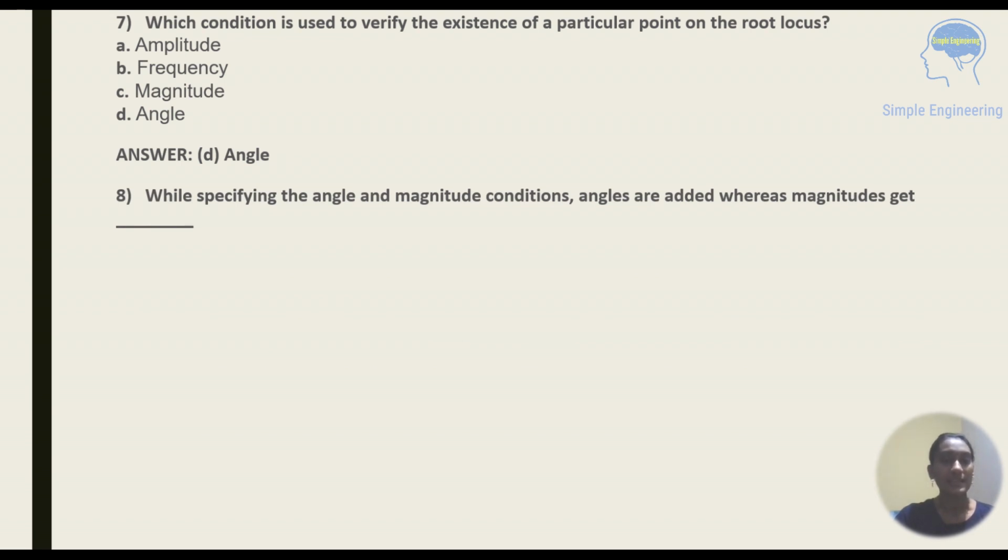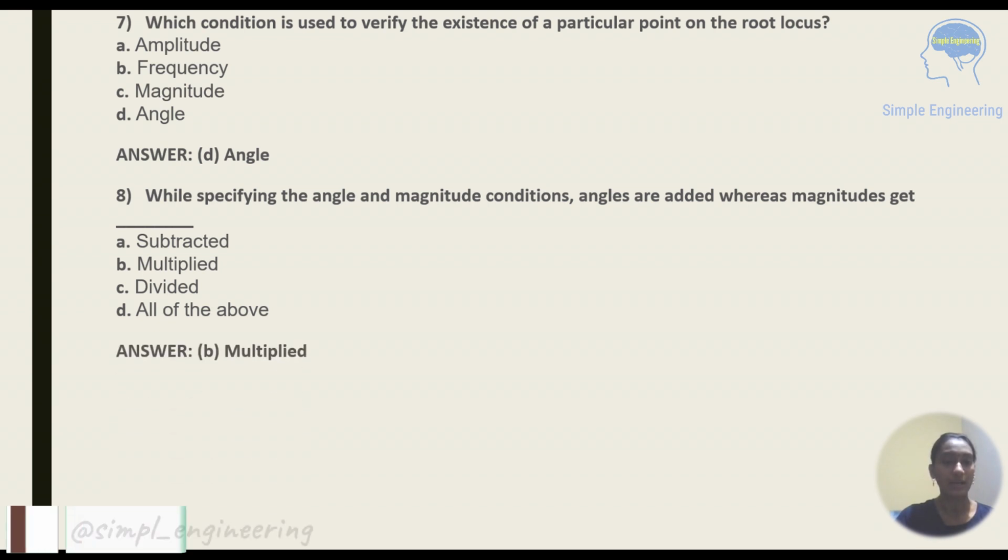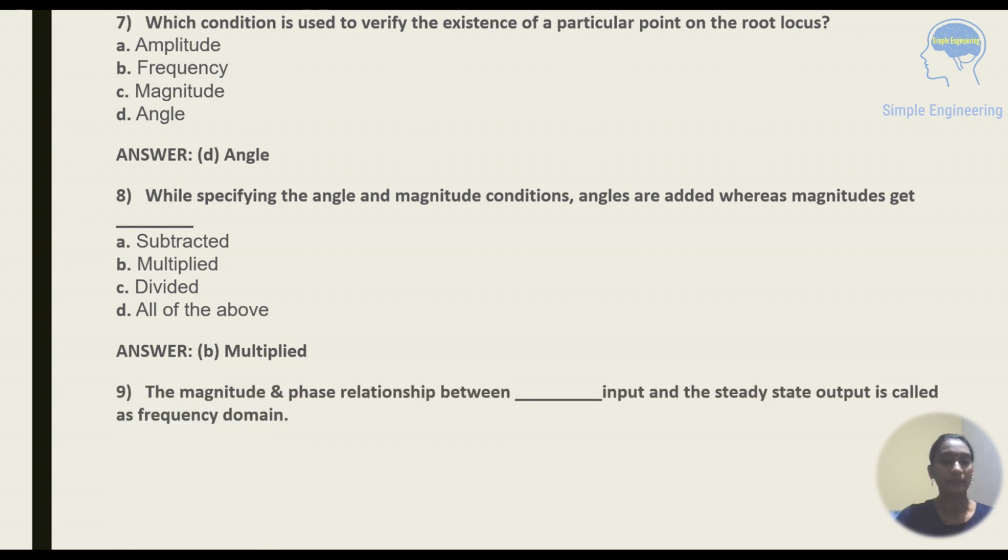Eighth question, while specifying the angle and magnitude conditions, angles are added whereas magnitude gets dash: subtracted, multiplied, divided or all of the above. The answer is multiplied. Angles are added and magnitudes get multiplied.